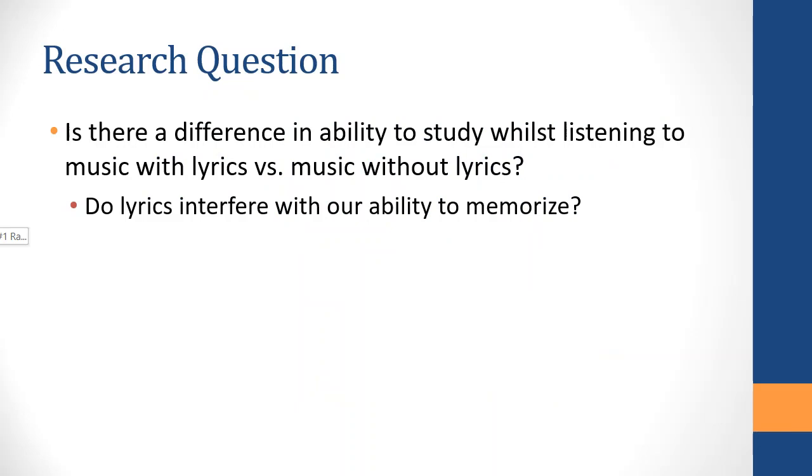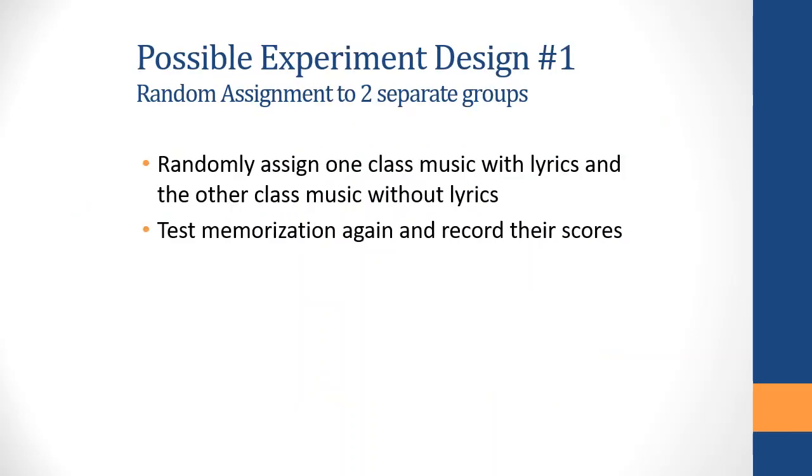All right. So one way you could do this is you could get two classes of students, for example, and you could have one class listen to the music with lyrics, and the other class listen to music without lyrics, and test their memorization, record the scores, and see which class has a higher score.